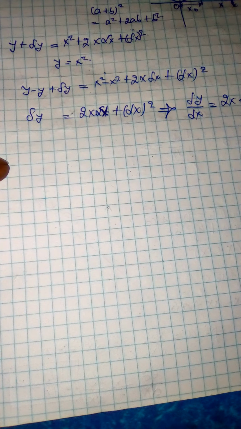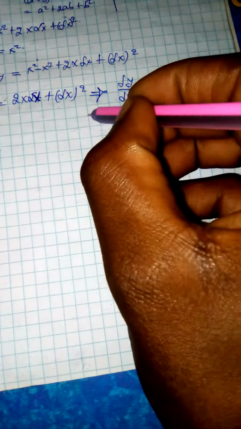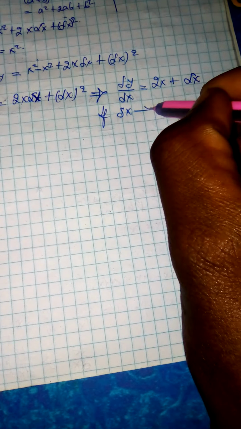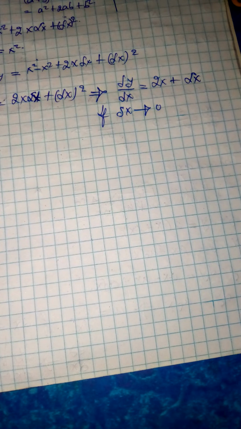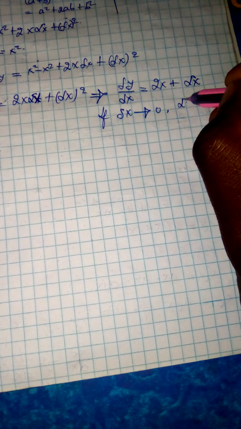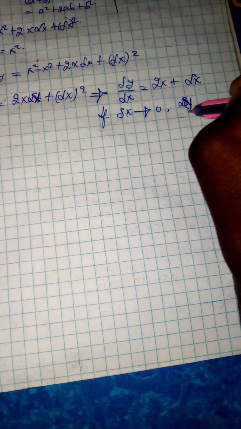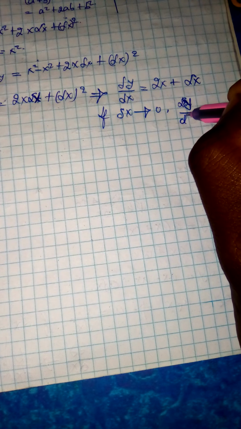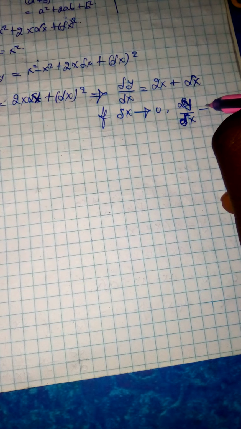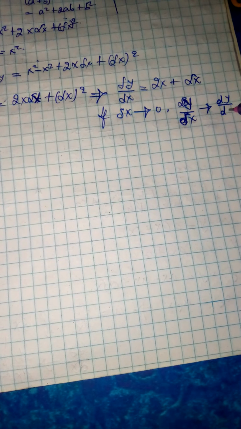Okay, that's it. So if change in x approaches 0, is decreased so that it approaches 0, this means that change in y over change in x would approach dy dx.